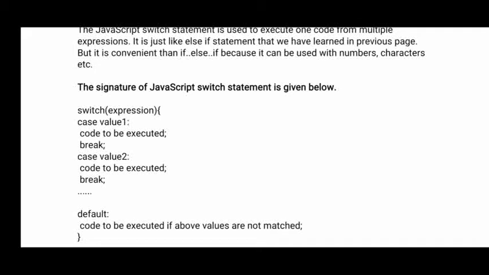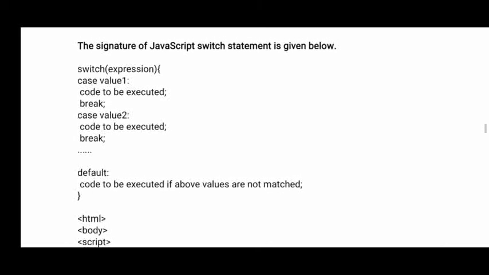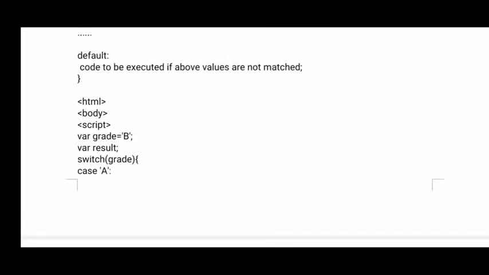Whichever expression result is matching with that case value, that block will be executed and the remaining will be skipped. If none of the case values match the result, then the default one will be executed.